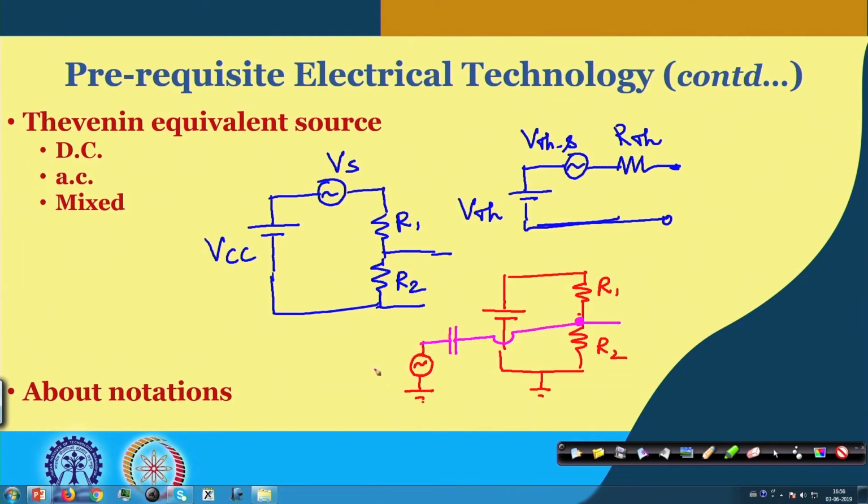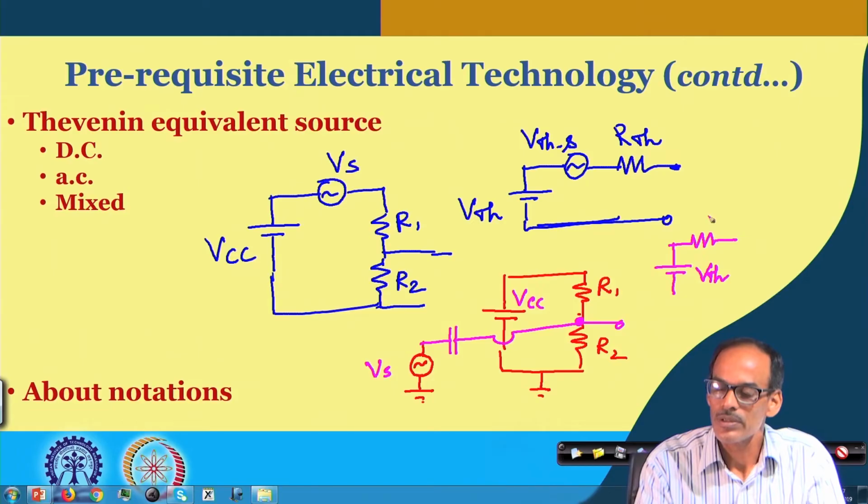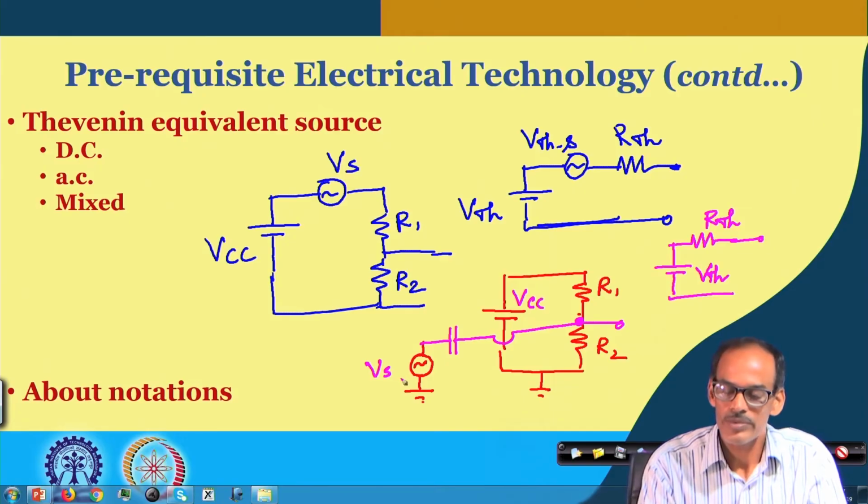So, we may call this Vs, we do have VCC. Now, by analyzing this circuit, I may be having a DC voltage, I may be having a Thevenin equivalent resistance. Okay. So, this is the DC Thevenin equivalent voltage, and then we do have RTH, and then directly at this node we do have the signal coming there.